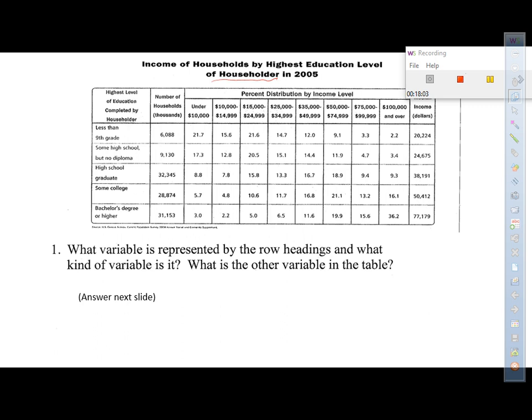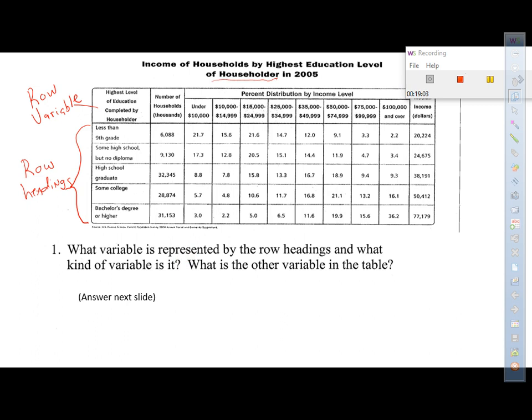Now, if you would, look at this chart real fast. There's a lot of information here. Once again, right through here would be our row headings. That would make this our row variable. Now, notice there's a ton of columns over here.